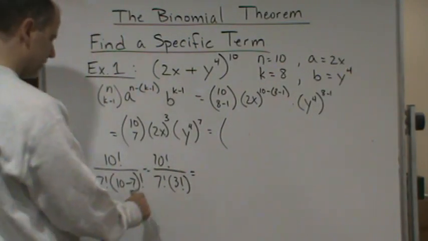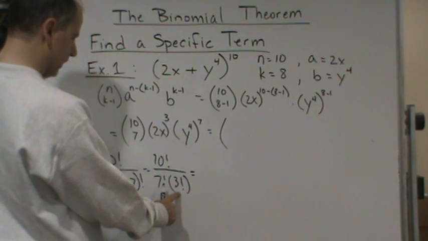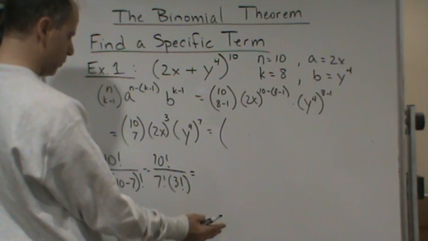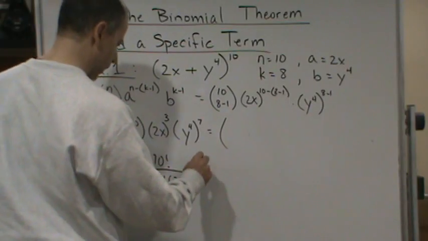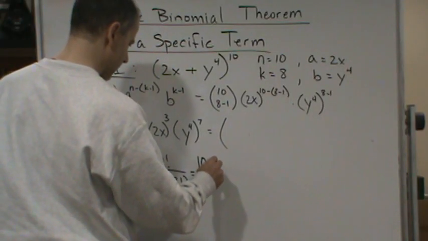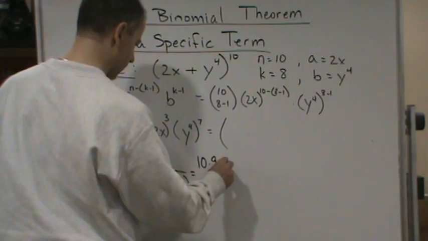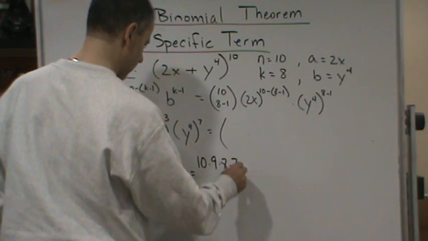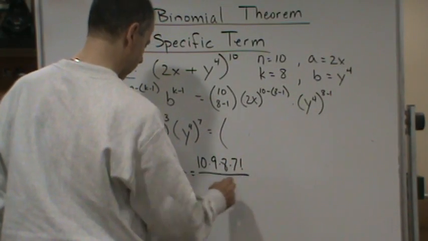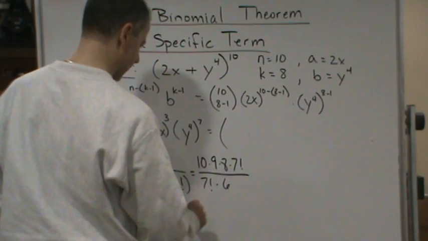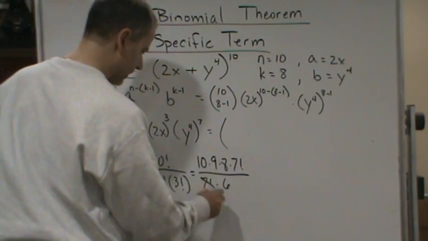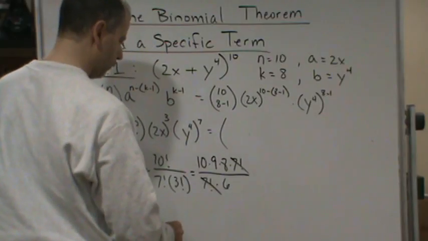Okay, now in this case, 3 factorial is easy to calculate because it's just 3 times 2 times 1, which is 6. So I'm going to rewrite the numerator as 10 times 9 times 8 times 7 factorial over 7 factorial times 6.